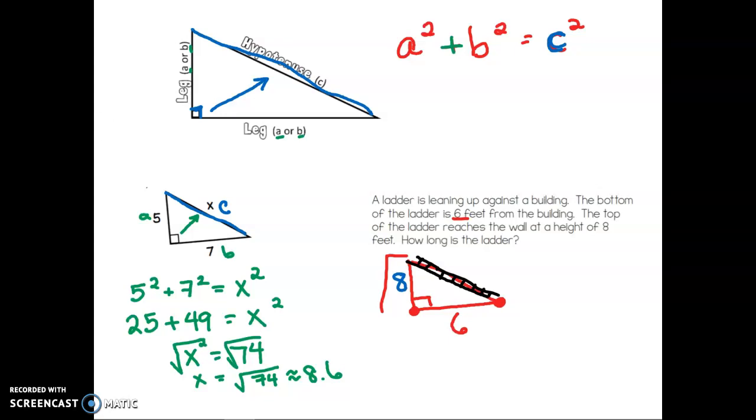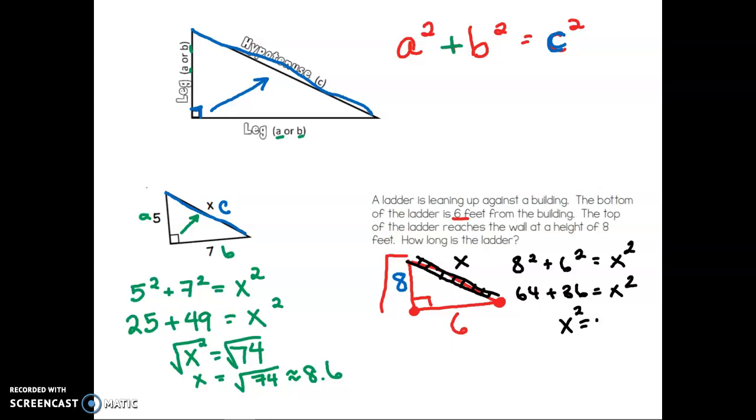Sometimes if you're not sure where to plug stuff in, I like to look at what the question is asking, because how long the ladder is has to be here where we drew our ladder. So this is the same setup where I don't know the hypotenuse. So I'm going to say 8 squared plus 6 squared equals x squared. So I would have 64 plus 36 equals x squared.